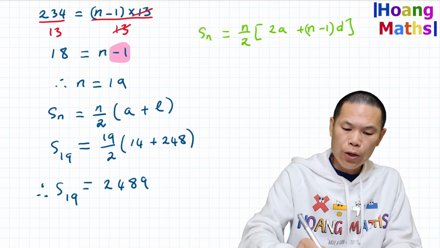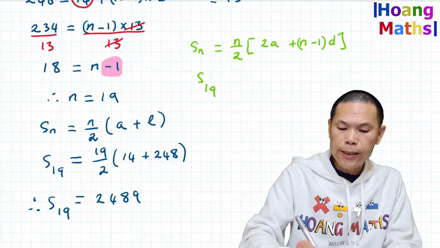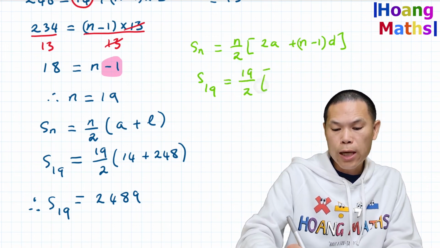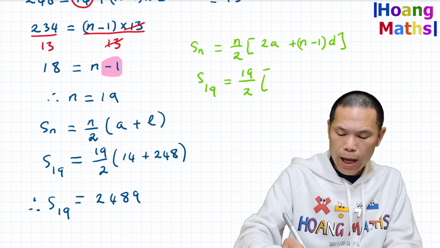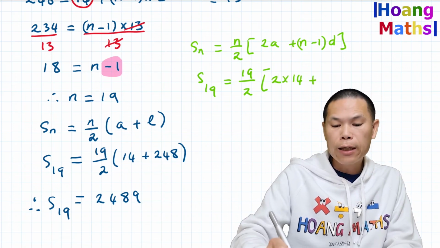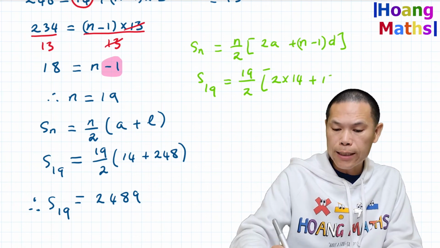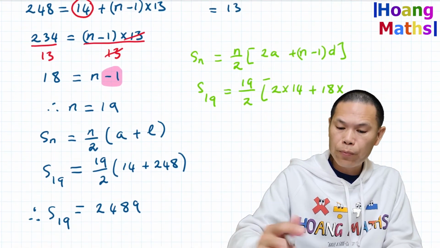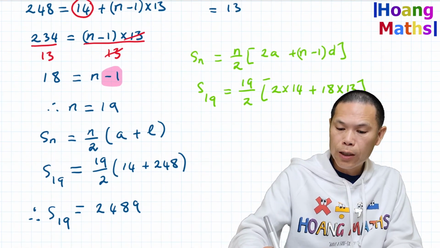Let's check it out. The sum of 19 terms is equal to 19 over 2, because n is 19, times 2a. We know that a is 14, so 2 lots of 14, and we add 19 minus 1, which is 18, times the common difference, 13.